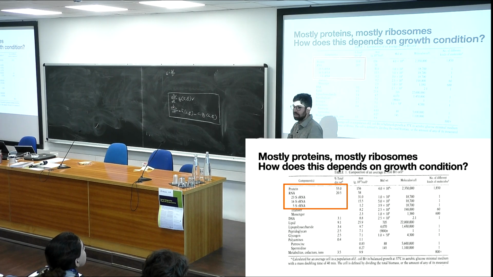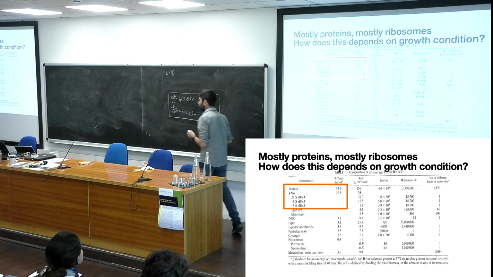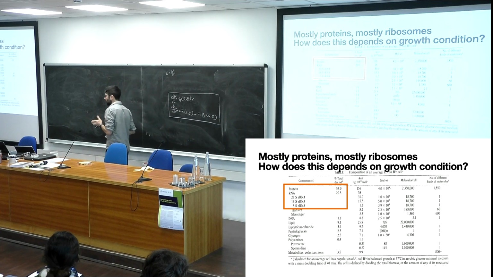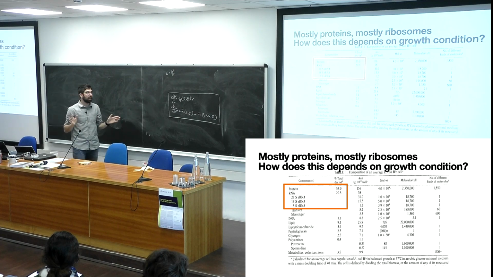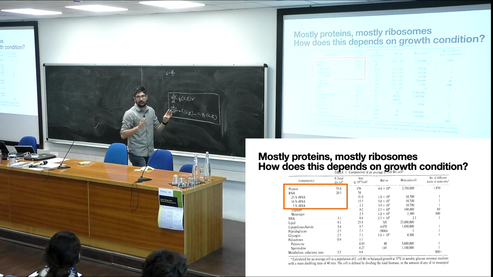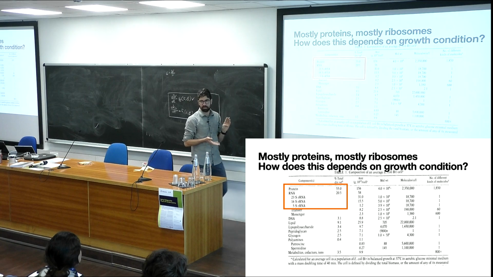If I take twice as many cells, I have twice the weight. So I care about proportions. So one simple thing I can do is to measure how much RNA I have per protein. Proteins are the majority of the weight, RNA is the second category. How much RNA do I have per protein?